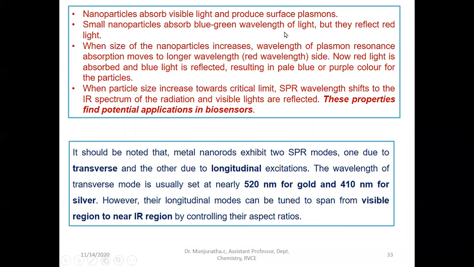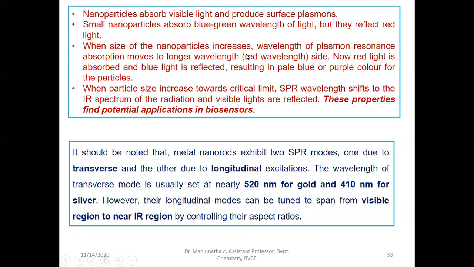If they absorb blue-green wavelength light, they emit red light. Means if the colloidal suspension, when exposed to visible light, appears red, then it is absorbing blue-green wavelength. By absorbing this radiation, it induces surface plasmon resonance, means the collective vibration, the coherent excitation of that electron cloud, is happening by absorbing this wavelength.